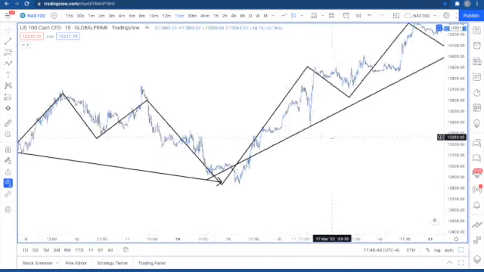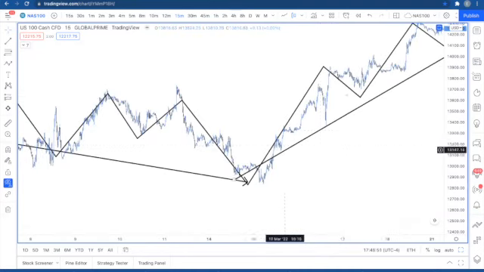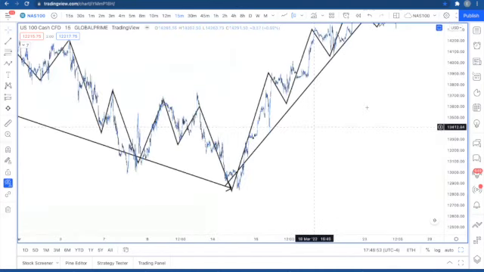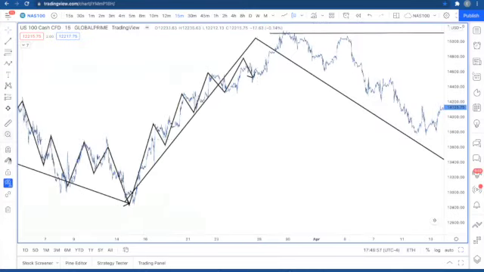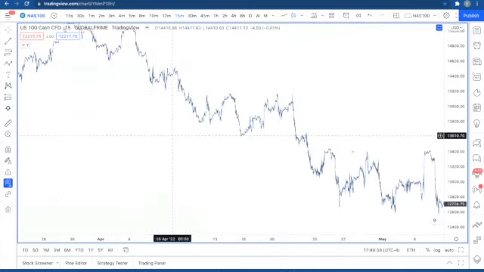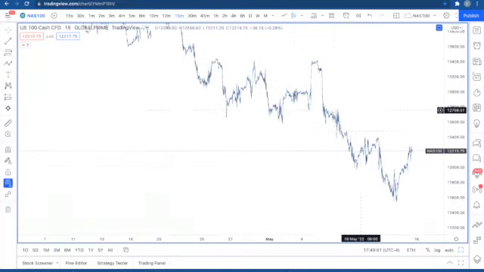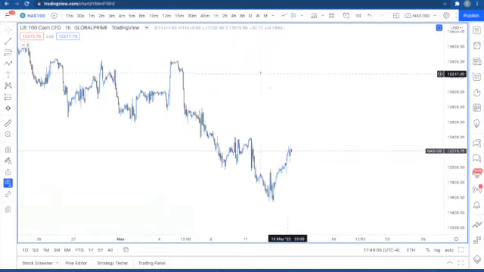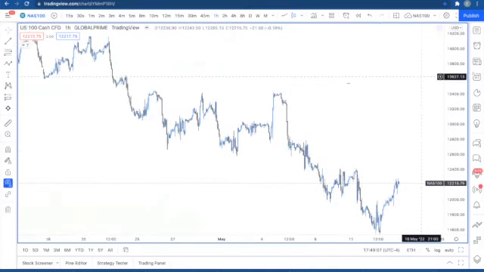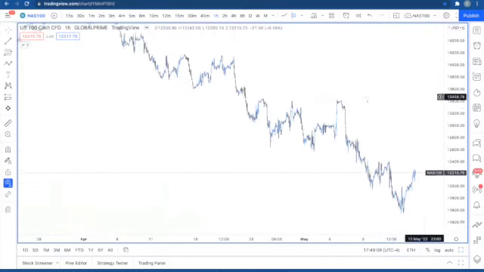So that's why you have to keep in mind what's happening on the higher time frame, and based off of that, that'll help you determine what direction you should go with your bias. All right, so that's just a very basic concept.